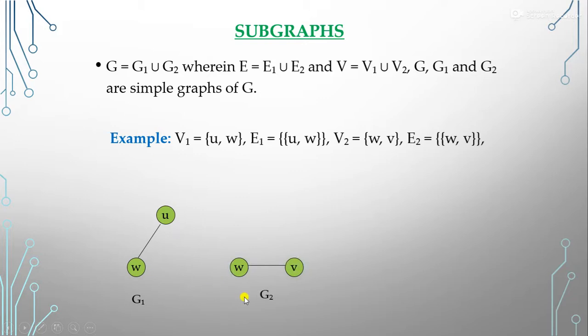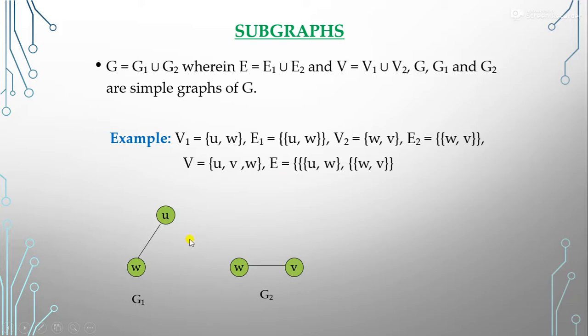Another graph G2 has the two vertices W and V and edge WV. If we want to make the complete graph G, that will be the union of these two graphs. How many vertices should there be? U, W, V. So we take the union of both the vertices, which gives U, V, W.